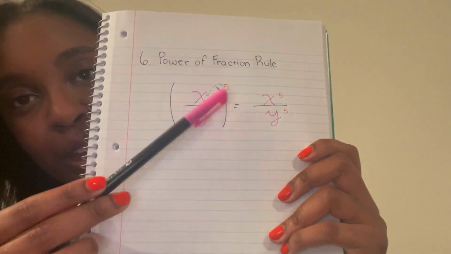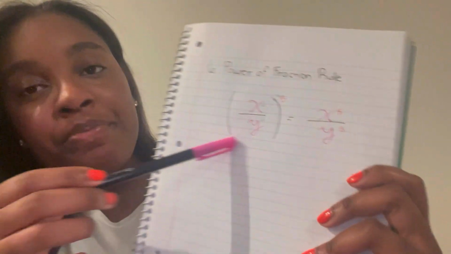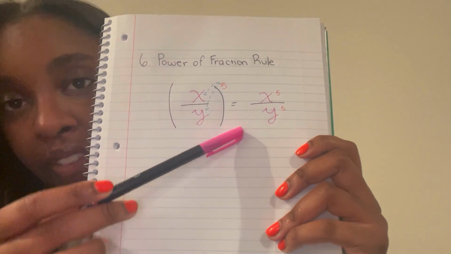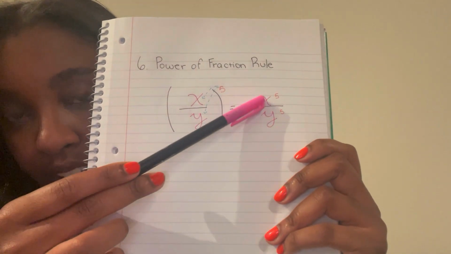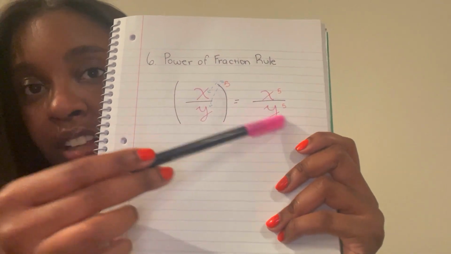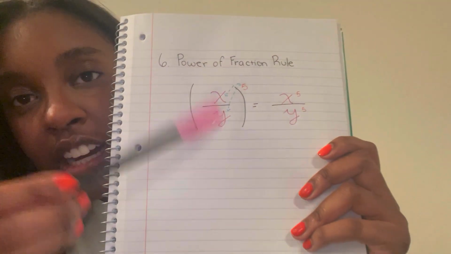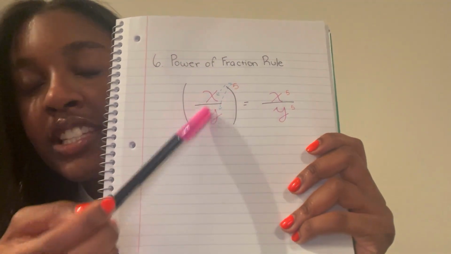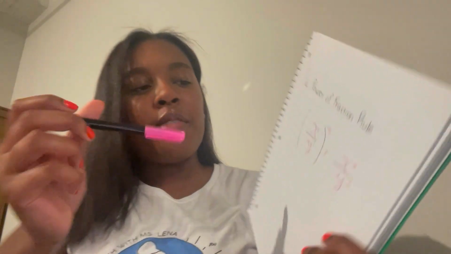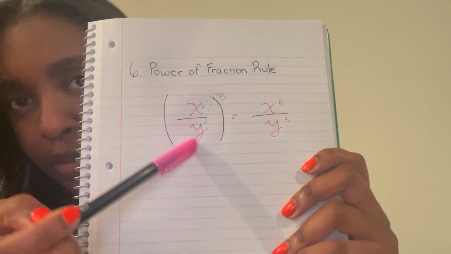There goes my lucky number again, or my favorite number. And we would simplify this expression by writing x raised to the power of 5 over y raised to the power of 5. So as you see here, all we did was distribute that 5 to both variables.